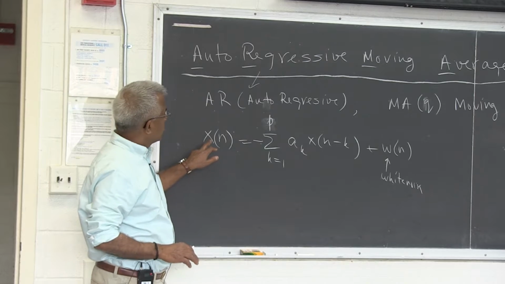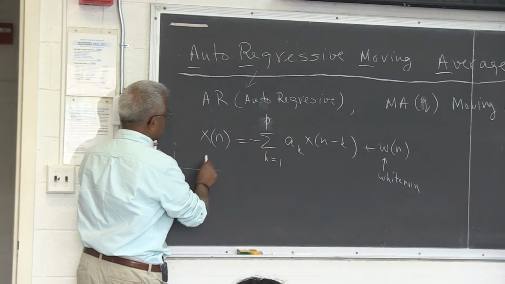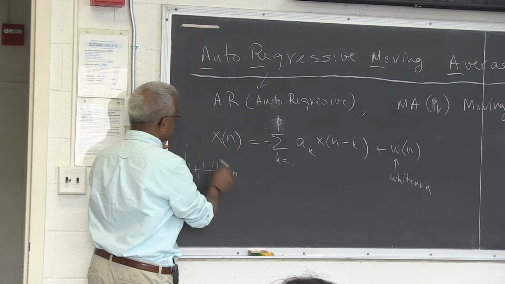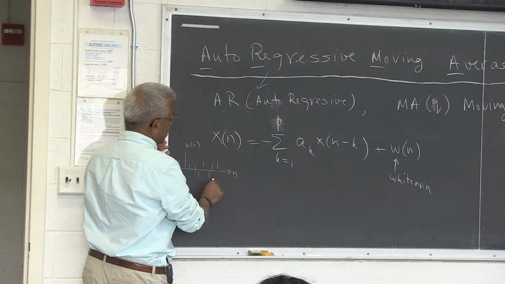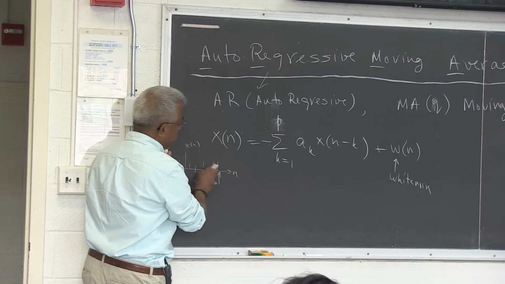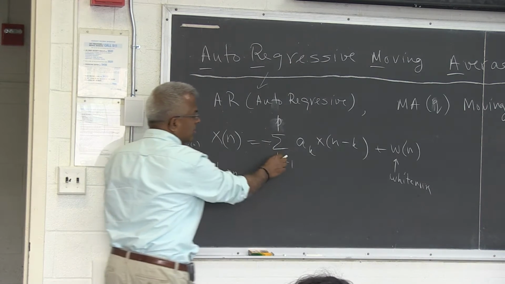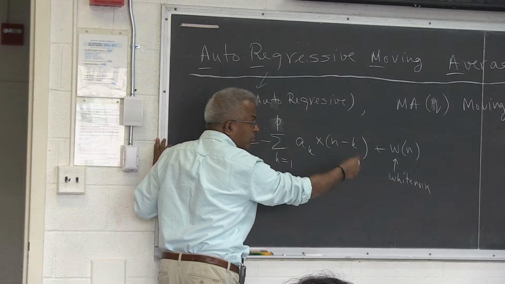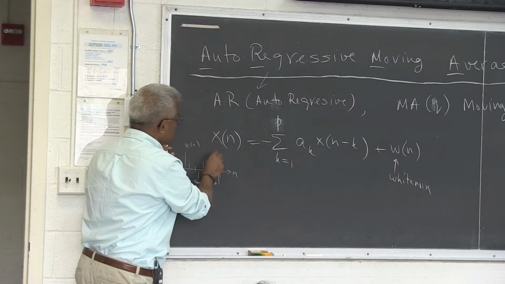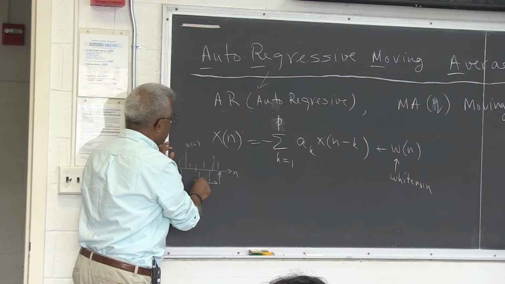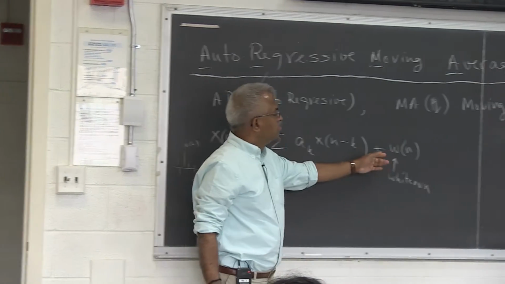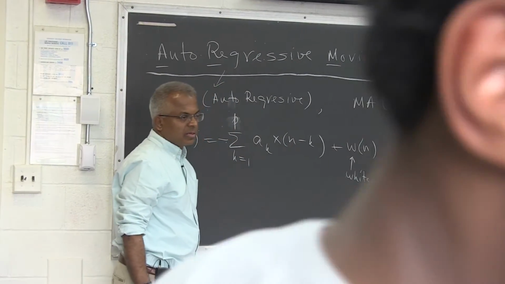So look at this. The current value, if you think of this as a stochastic process, one realization, linearly depends on previous values, n minus 1, n minus 2, up to p, the previous p values, and some white noise disturbance.